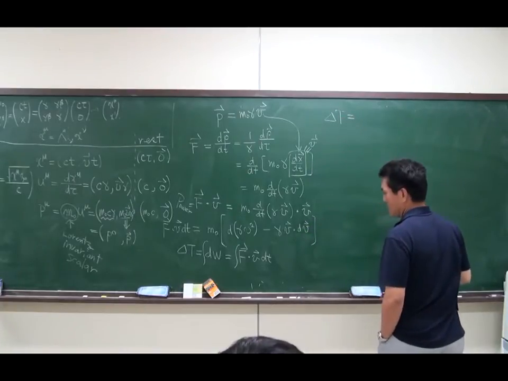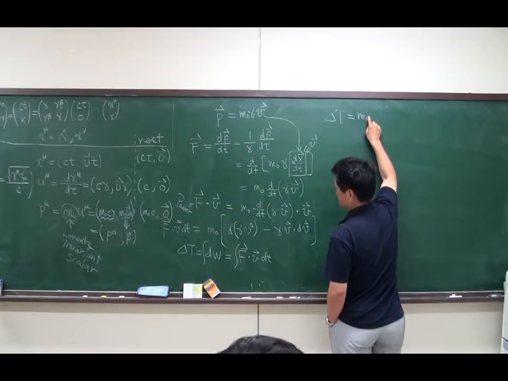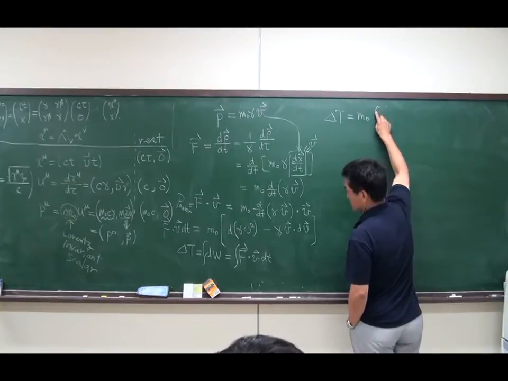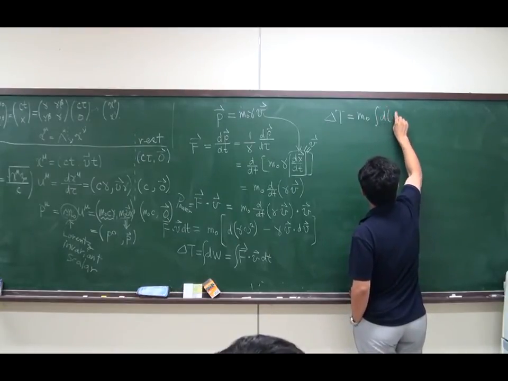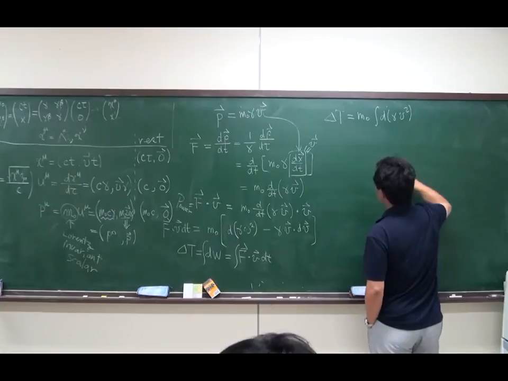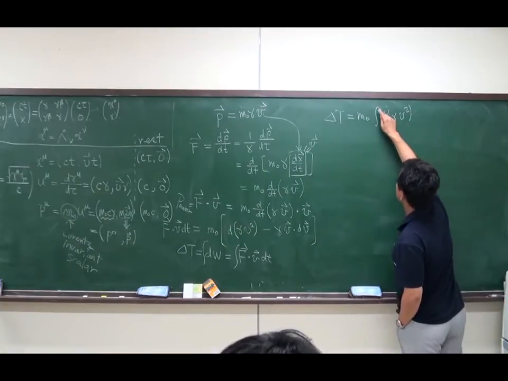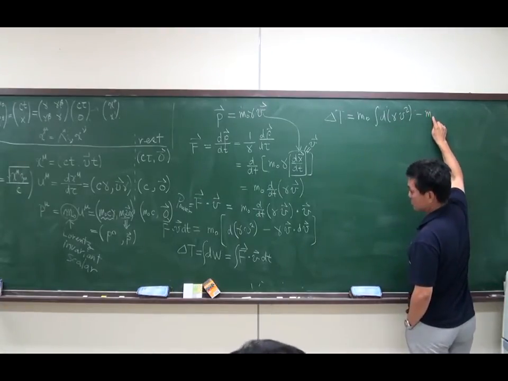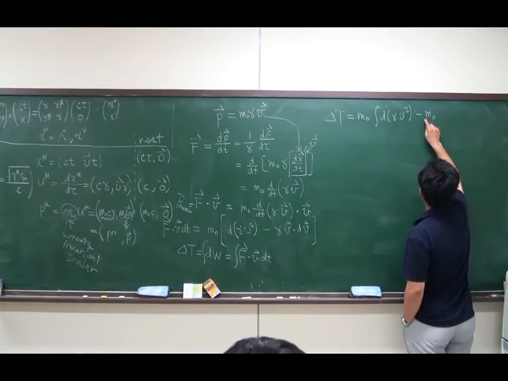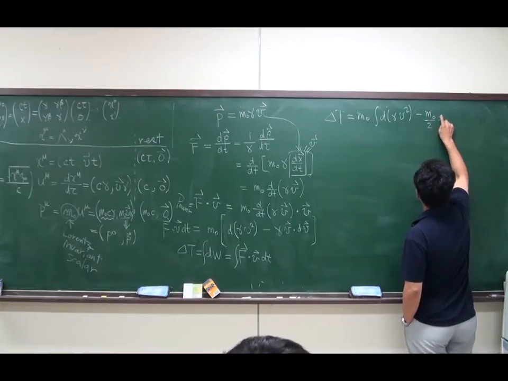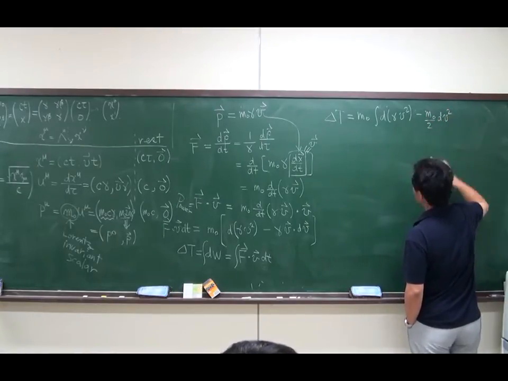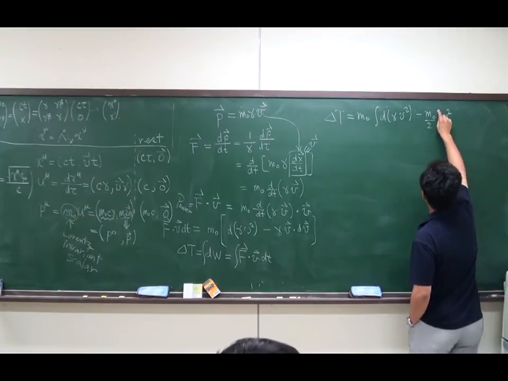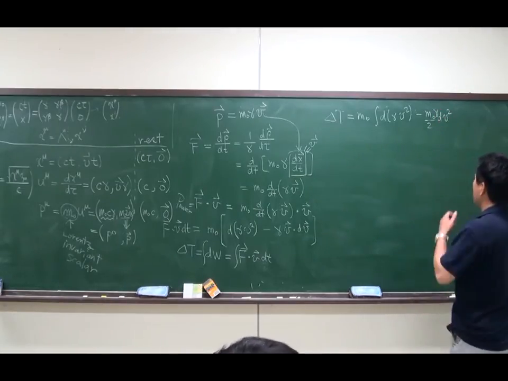The change in kinetic energy is m0 minus m0. I can put 1/2 and dv squared gamma. Right?